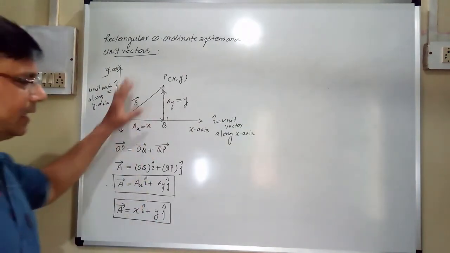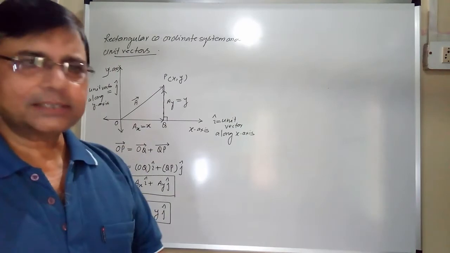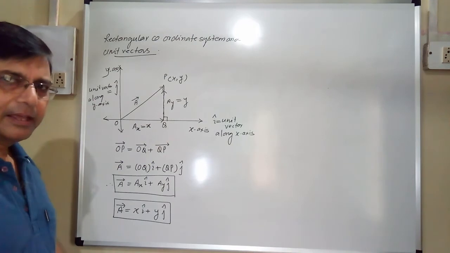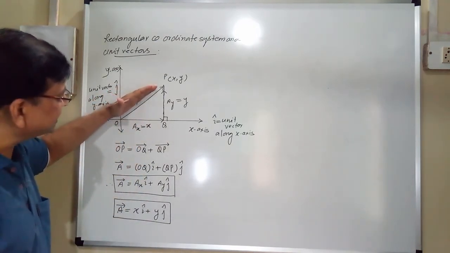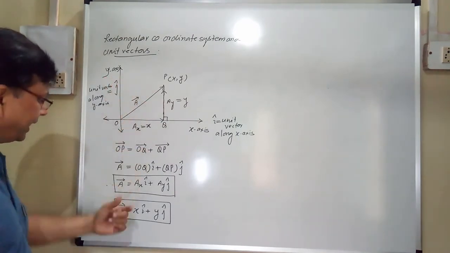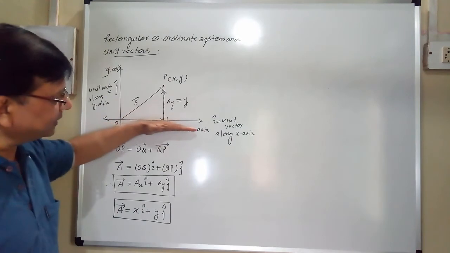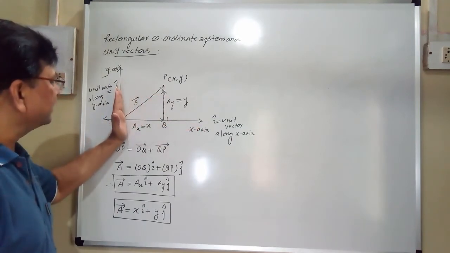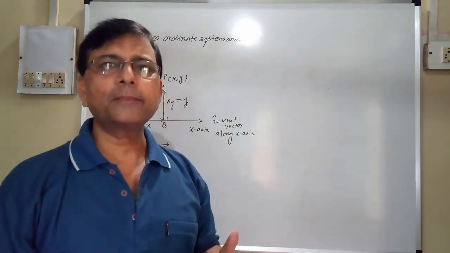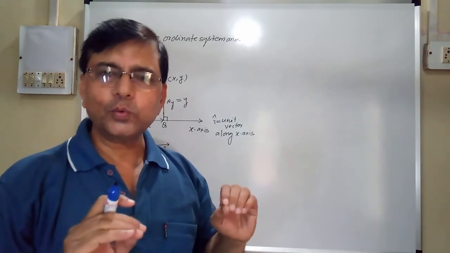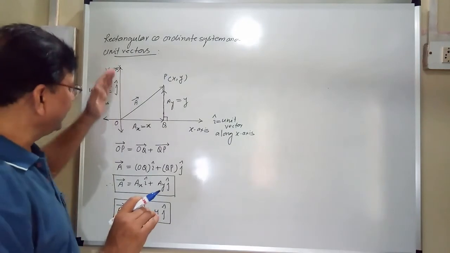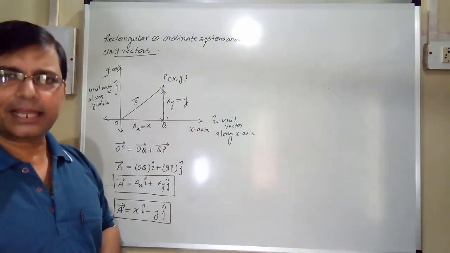So these are the rectangular components of the position vector of this point P, or we can say A is resolved in two directions, along x-axis and along y-axis, where AXI is the component along x-axis, AYJ is the component along y-axis. It is the resolution in a plane along two rectangular axes.